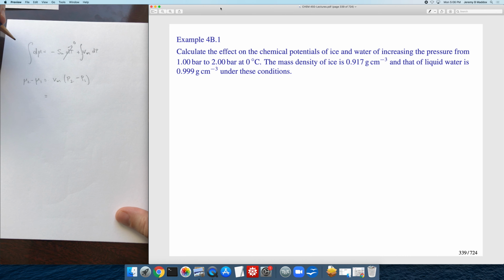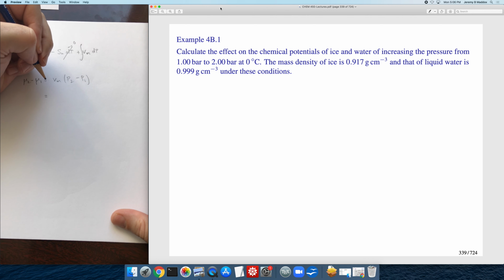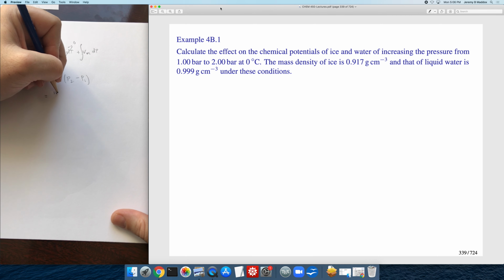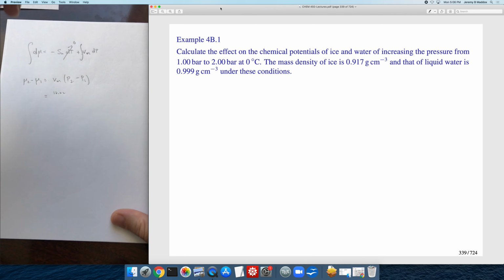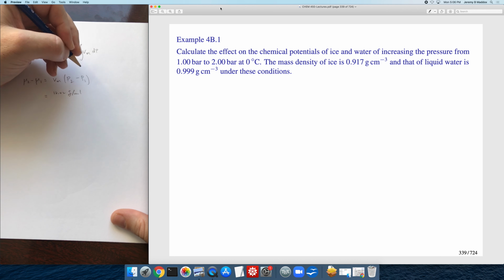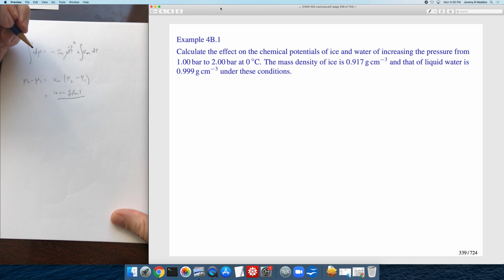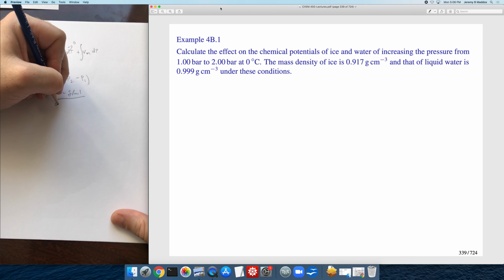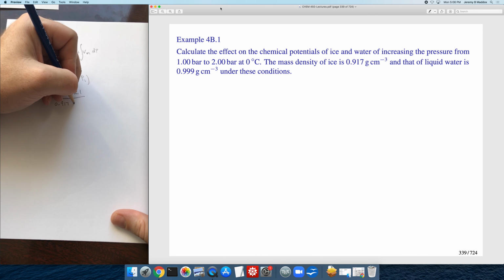Okay, so we have the mass density of ice. What are we going to do there? Well, we need the molar volume. So we want volume in the numerator, and we want number of moles in the denominator. So what we're going to do is take the molar mass of the substance, 18.02 for water, that's grams per mole, and then we'll divide by the mass density, 0.917 grams per cubic centimeter.